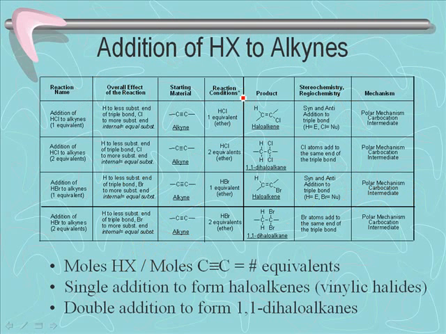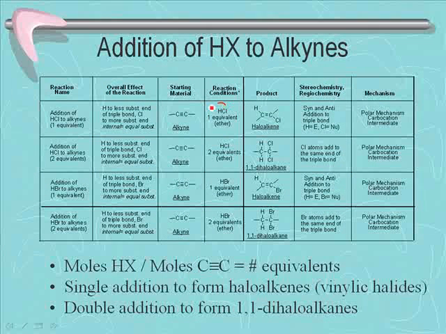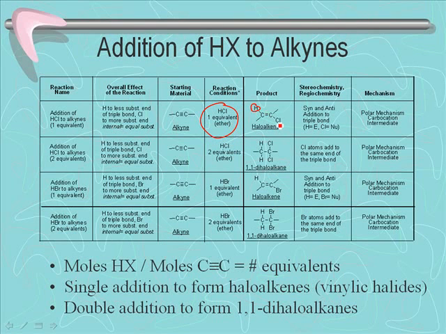Now the addition to alkynes is basically the same reaction. The only difference is how many equivalents of HX do we add to the carbon-carbon triple bond. If we add one equivalent of HCl, we can form a haloalkene, where now we've added the elements of HCl across the carbon-carbon triple bond to give us an alkene.